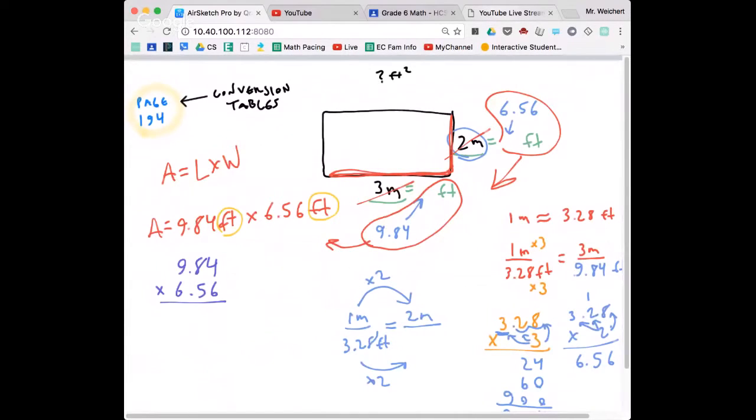You'd multiply it all out, you'd come up with 64.55 square feet, which is the inside of this shape, the amount of square feet that are covered in the interior of this flower bed. Well, we've got to remember we're talking about a flower bed.